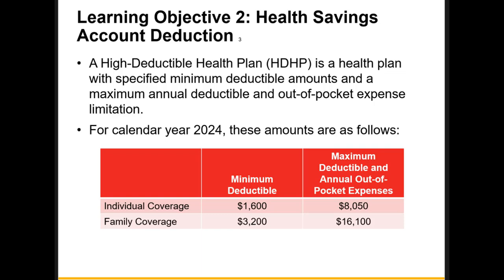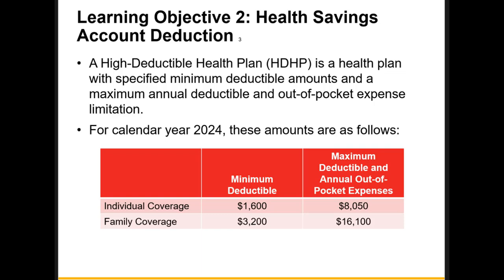Now, if you have a high deductible plan through your employer, and they put money into your HSA, then you could put more into it, as long as the total between what you put in and your employer puts into your savings account is only $8,000 if you're individual, or $16,100 if you're married or have family coverage. So that's the situation.